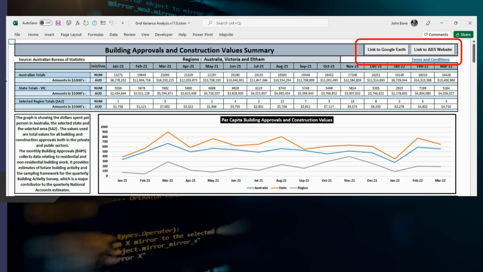All expenditure in the private and public sectors is included. The graph compares the three areas on a per capita basis to provide a meaningful indication of where the selected area ranks in terms of construction activity.